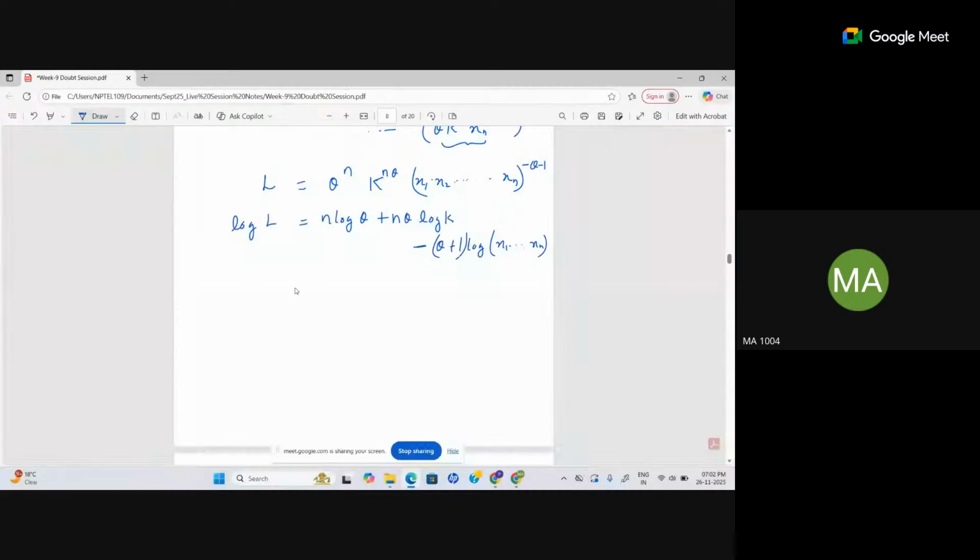So this will be del by del theta of log L. The first term will be n divided by theta. Second will be n log k. Is it clear?